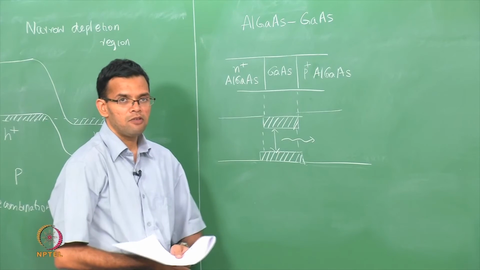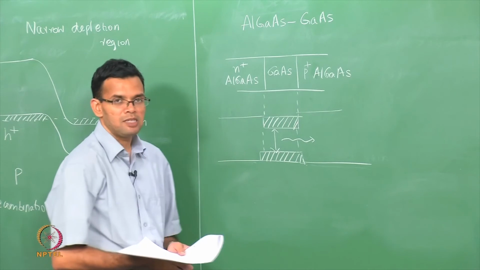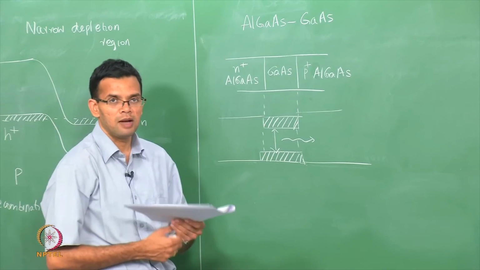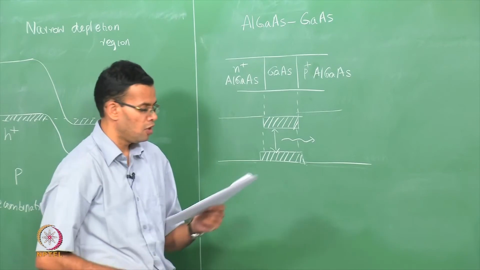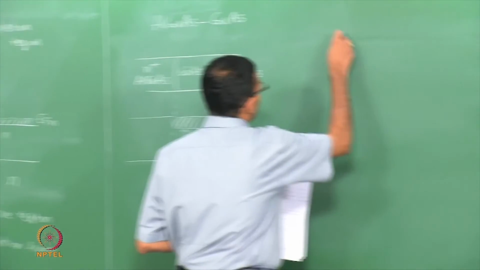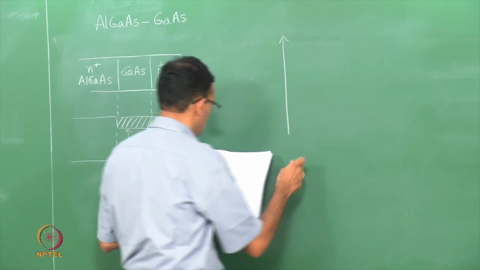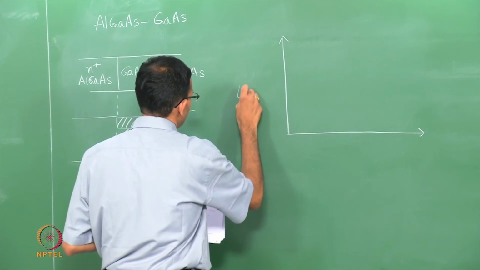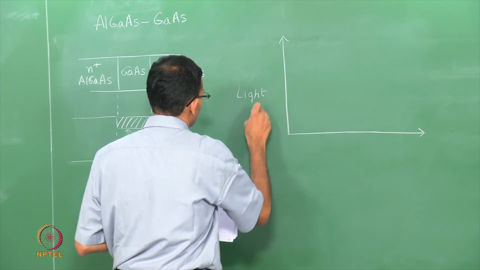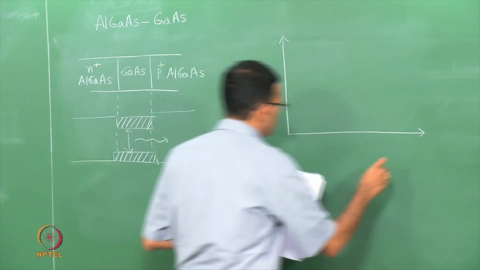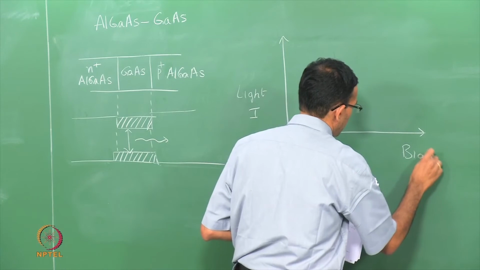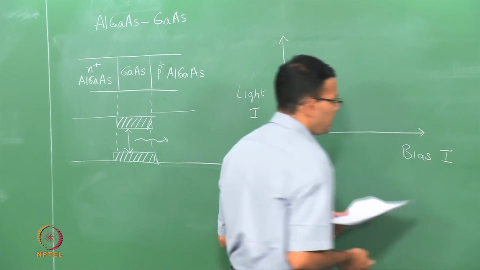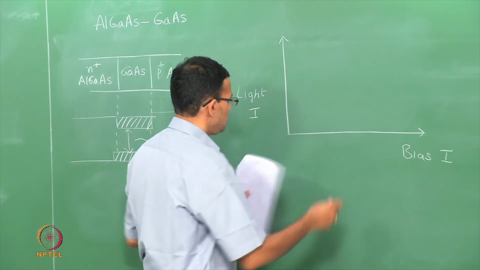The intensity of the output light depends upon the number of electron hole pairs or the current. So, if I were to plot the light intensity versus the bias current. The bias current defines how many electron hole pairs are injected.